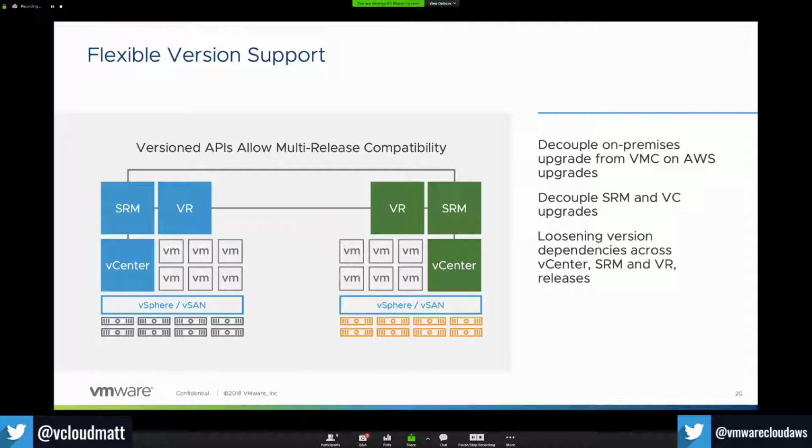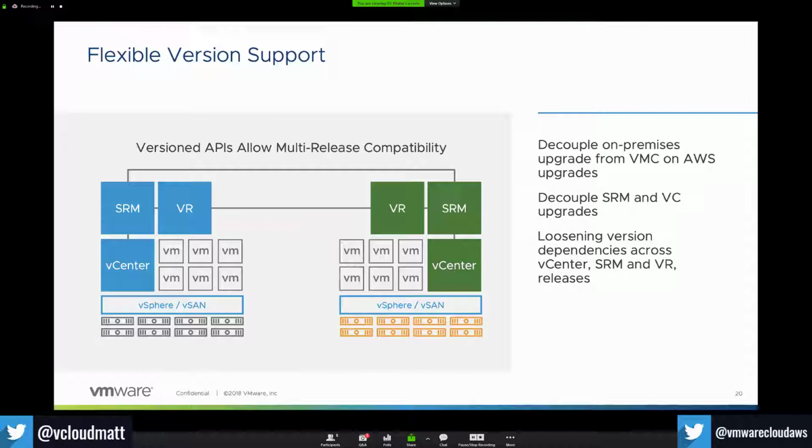It used to be that it required the exact same version of vCenter at both sites, and therefore the same version of Site Recovery Manager and vSphere Replication. And so anytime you wanted to upgrade a vCenter, it triggered a whole chain of processes that made upgrades kind of hard to deal with.